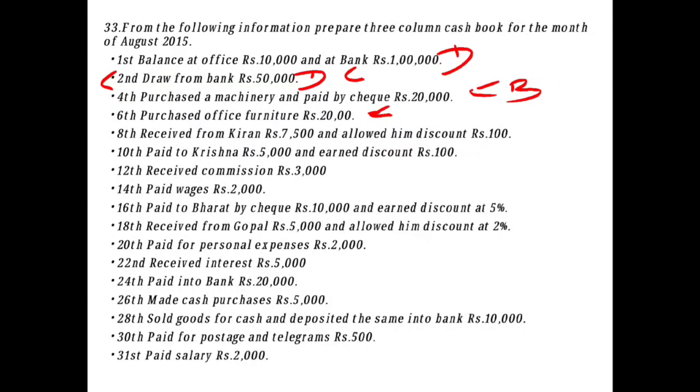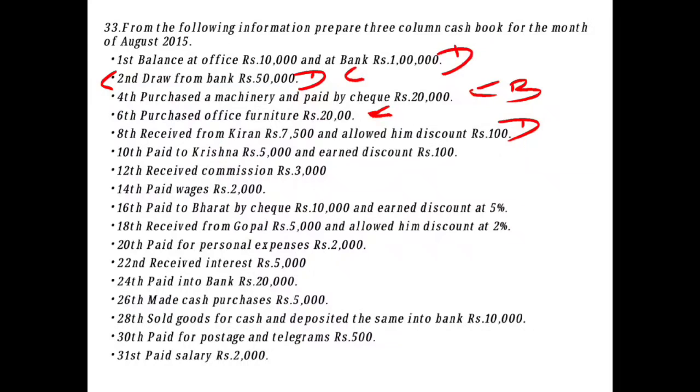Then received from Kiran 7,500 and allowed him a discount of rupees 100, which you have to record on the debit side of the cash column, because whatever check receipt we consider it in cash only. Only when payment is by check do you have to consider the bank column here.